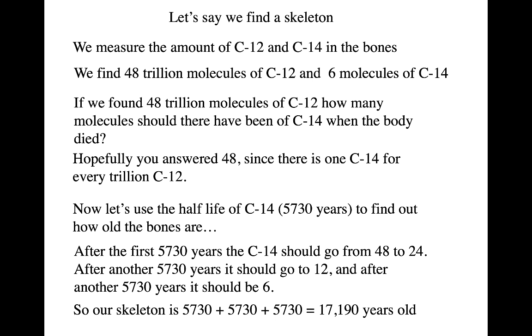So you can see I made the numbers work out really nicely, and they don't always work that way. And when you start to find bodies that are only 5, 10, 50 years old, your math gets a little more complicated.